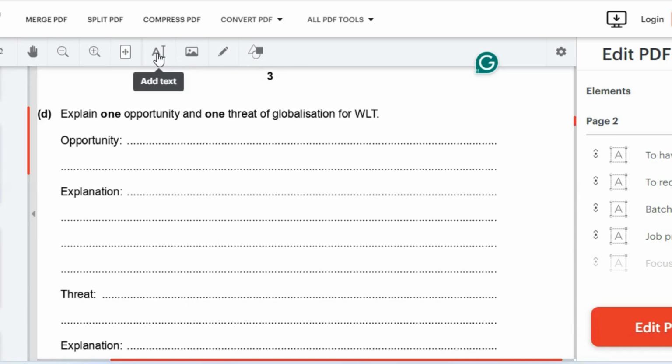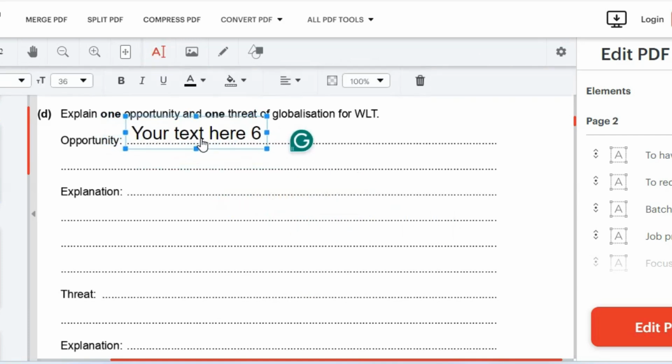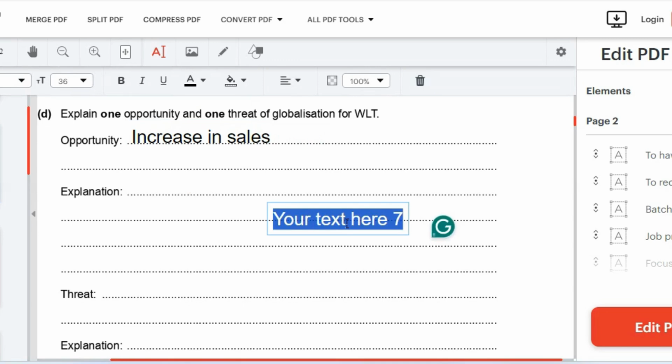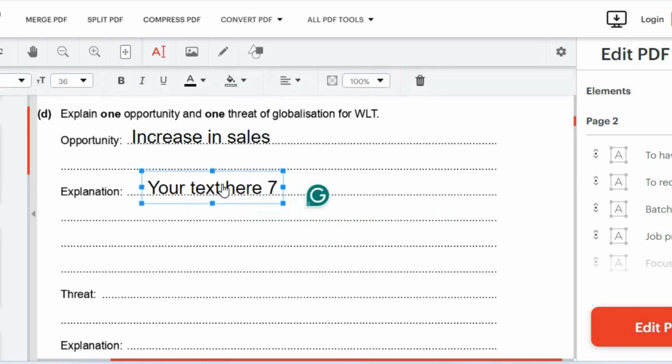Let us just try to put this point out here. Increase in sales. And let us put the explanation of how the increase in sales can be an opportunity to WLT.